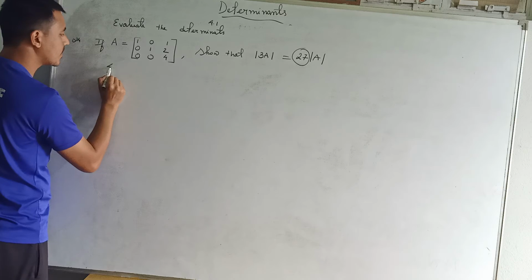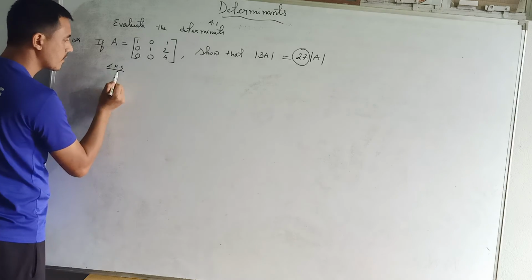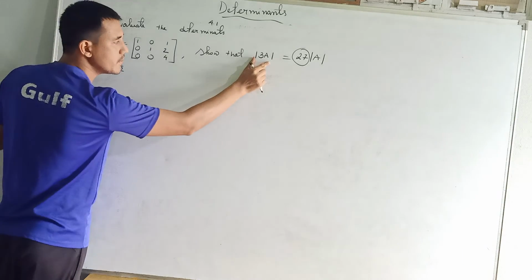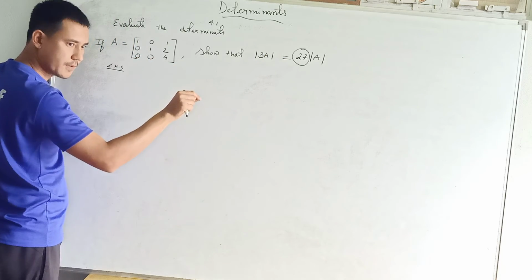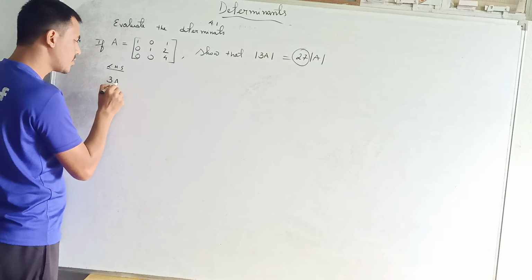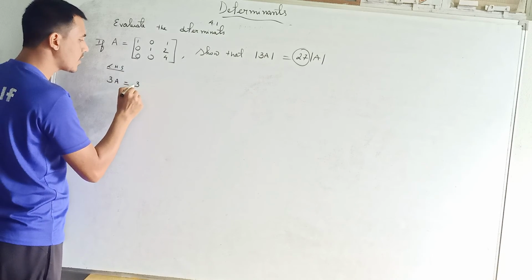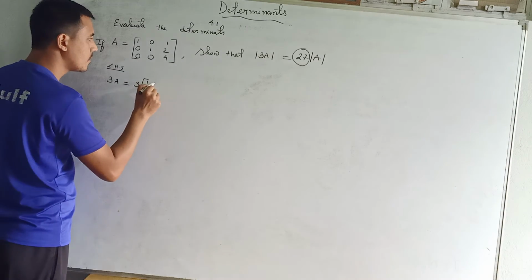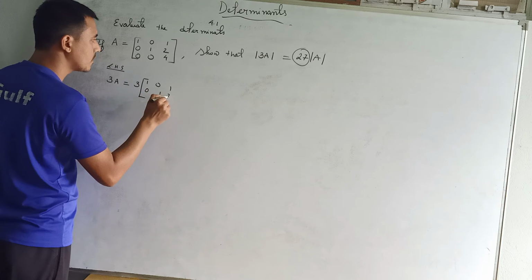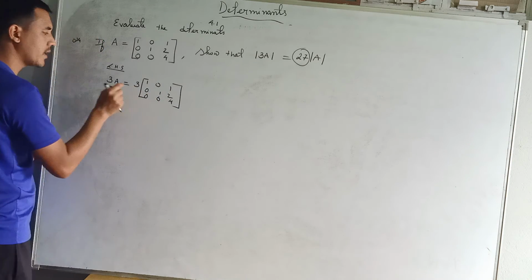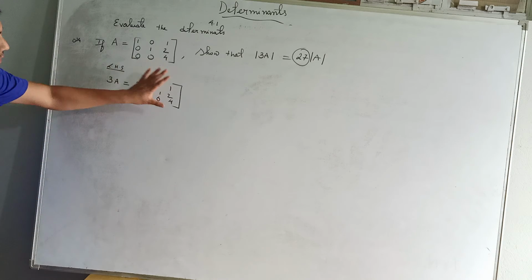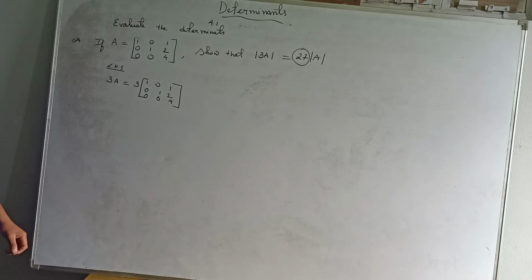So I'm going to start with the left hand side. In order to find the determinant of 3A, I need to find the matrix 3A, right? So 3A means 3 times your matrix A, 1 0 1, 0 1 2, 0 0 4. If you are multiplying a matrix by any scalar, then all the elements should be multiplied by the scalar 3.